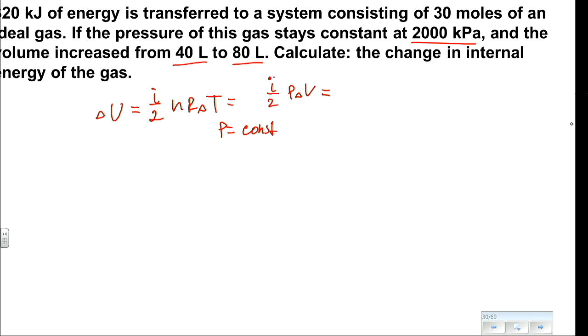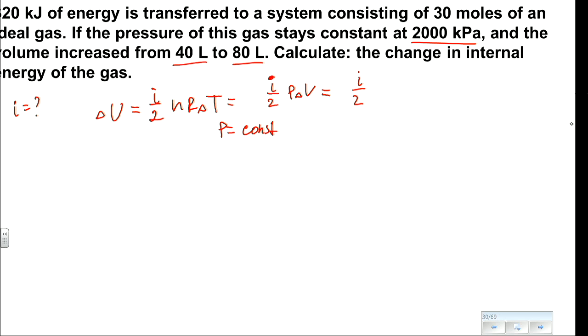Energy transfer to a system, 30 moles of an ideal gas, the pressure of this gas constant, and calculate the change in internal energy. It doesn't look like we have any information about I. Maybe it's on purpose, I'm not sure. So at this point, this is what we can say.